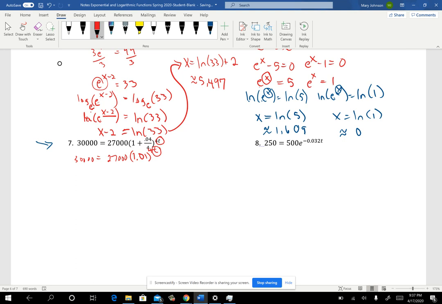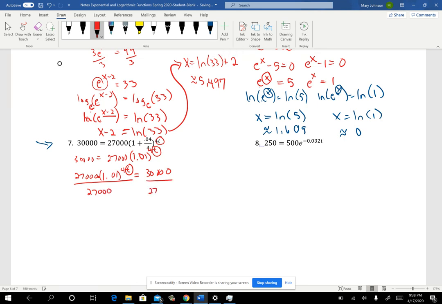Some people really do better when the expression that has the variable in it is on the left. So you may want to at some point interchange the two sides so that the variable you're trying to get by itself is on the left. People tend to do better when it's like that. So there is a times in front of that, after that 27,000, and so we can just divide by the 27,000.